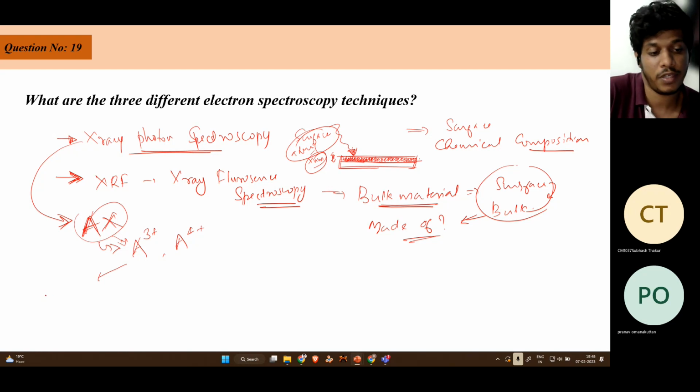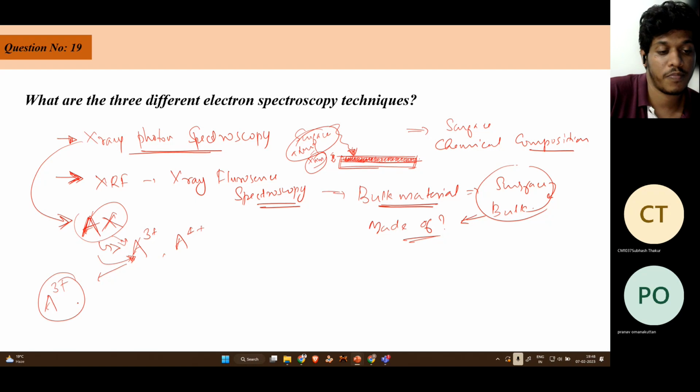For example, if you're making a battery and you're getting some particular result, you may think that it is due to the presence of A3+ ions. So you expect your result to be because of a larger amount of A3+ ions in your material. Then you can do an XPS and get an idea of the ratio of A3+ to A4+, and that is basically the chemical composition.